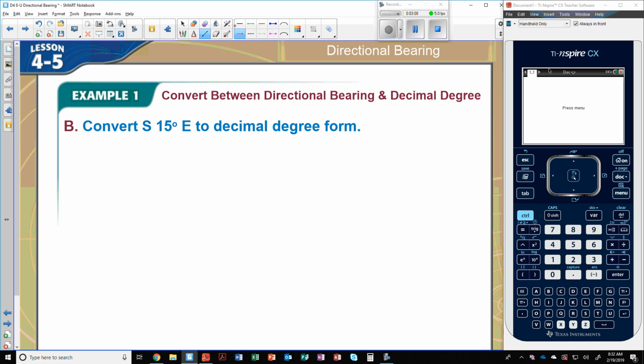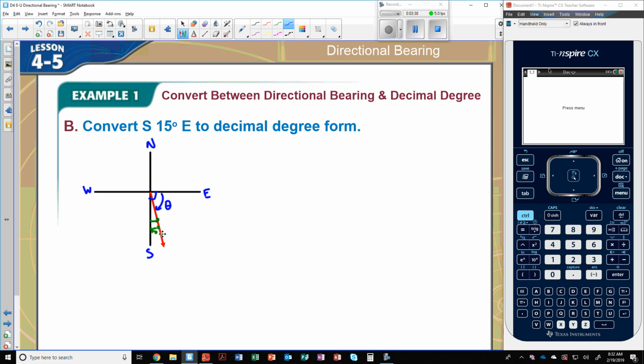Part B says south 15 degrees east to decimal degree form. Again, I'm just going to draw it to help us understand. I go south and then 15 to the east. This is north, east, south, west, and this right here is 15 degrees. This makes up 90 degrees, so if that's 90, and I want to find how many degrees this is, I take 15 away from 90.